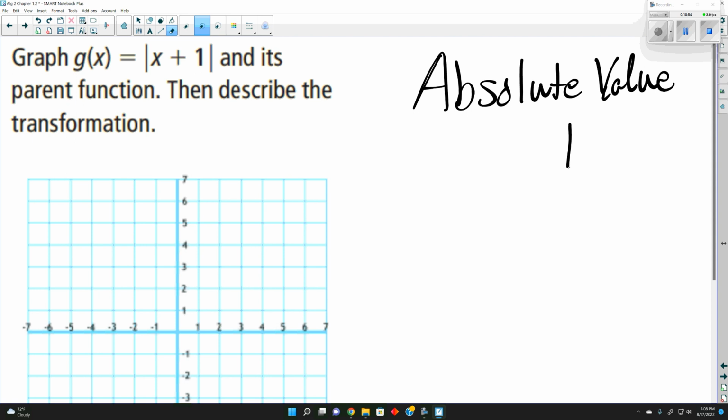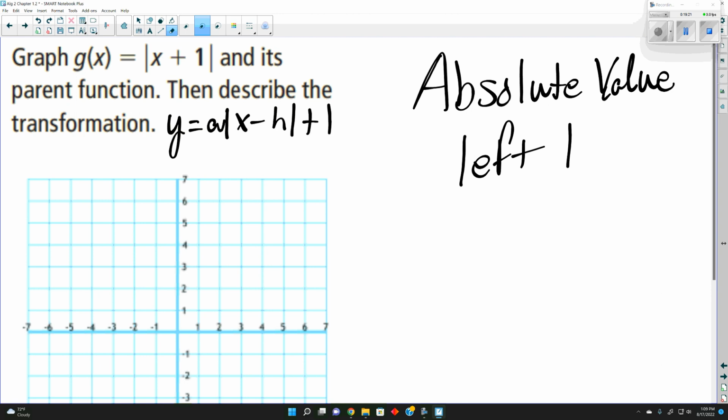And the reason you say right is because, inside parentheses, it's always the opposite of what we think. So it would be left. Yes, because again, inside the parentheses, for an absolute value function, we have y equals a absolute value of x minus h plus k, yes?